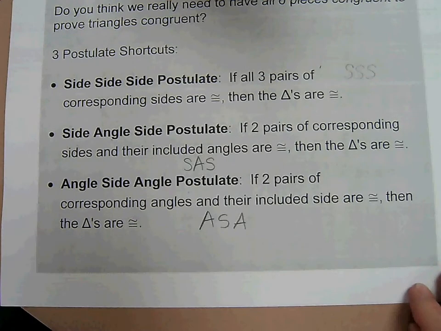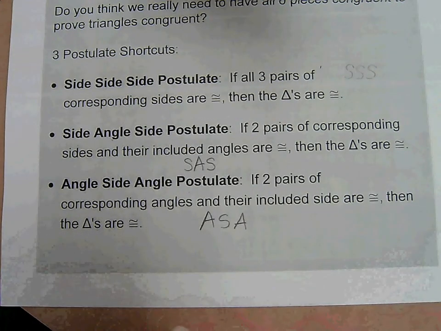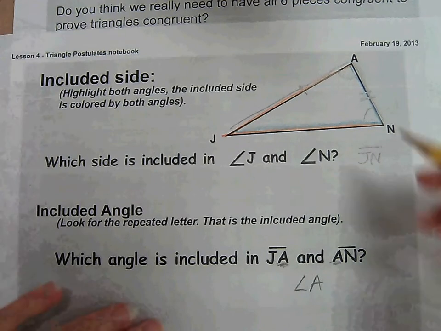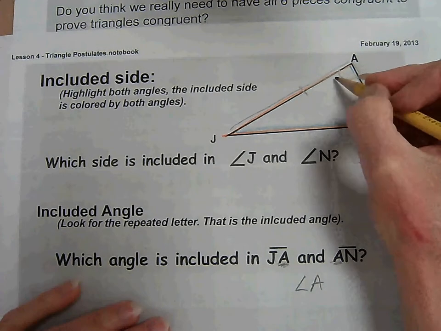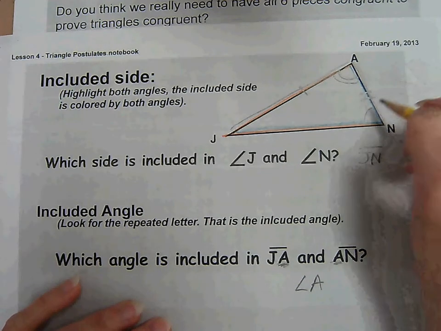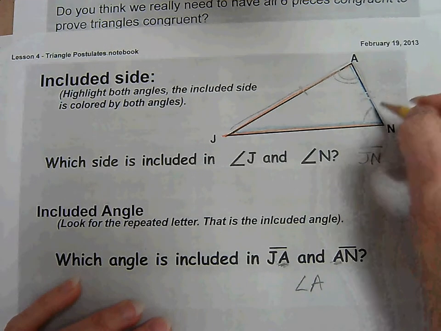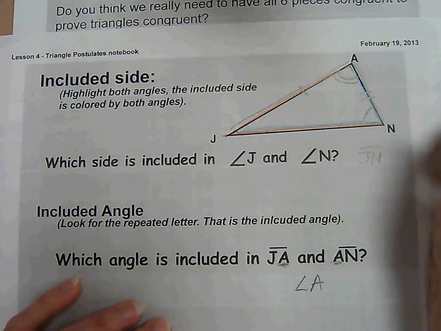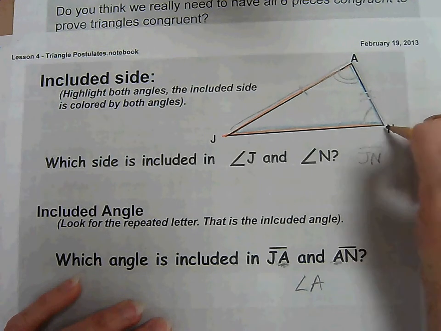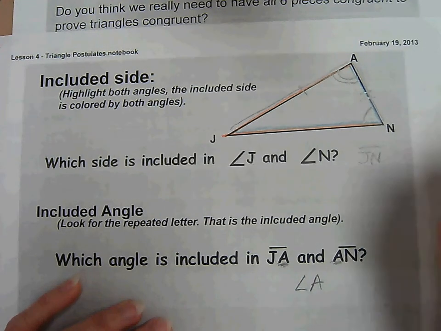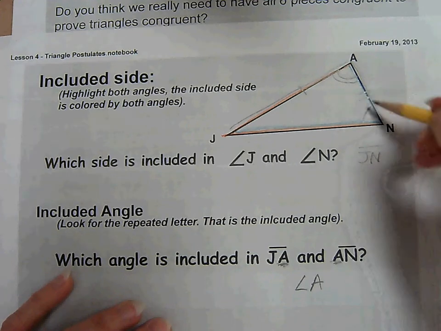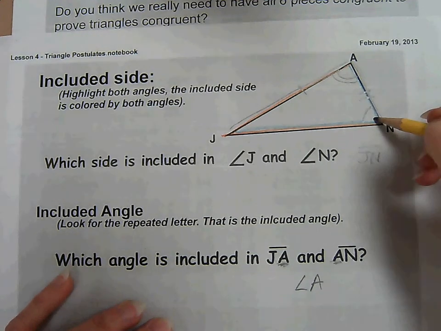Okay, back to our picture. If we have two angles that are congruent, for instance, let's say that angle A is congruent to a corresponding angle in another triangle, and angle N is also congruent to a corresponding angle, and AN was congruent to the corresponding side in the other triangle, then we would have angle, side, angle.